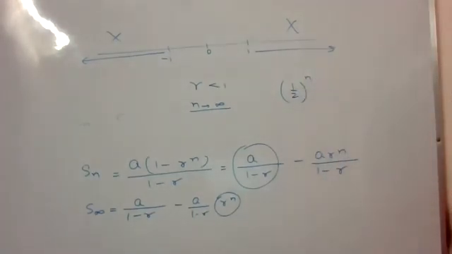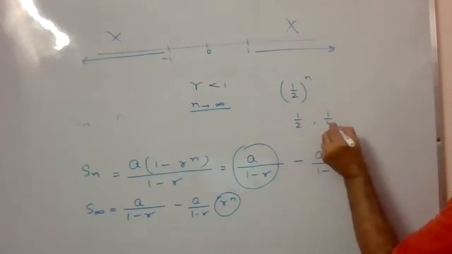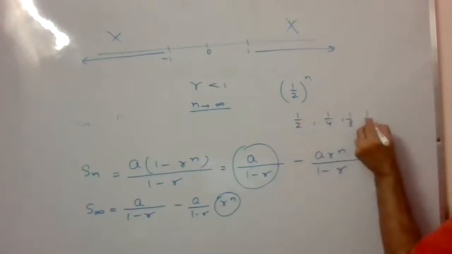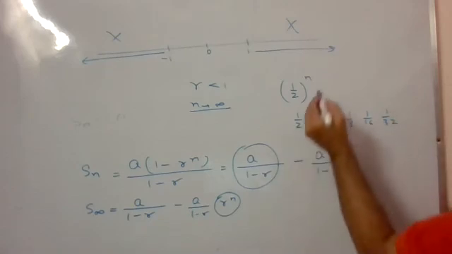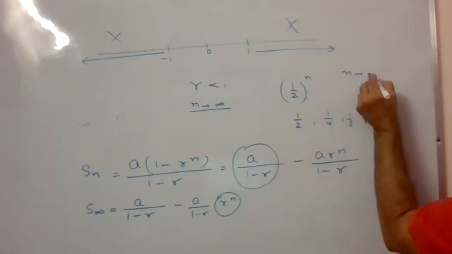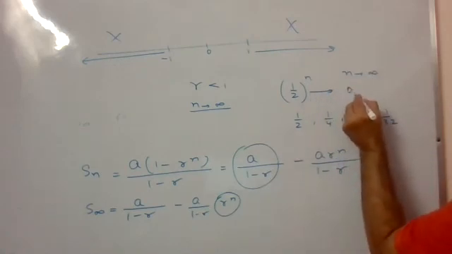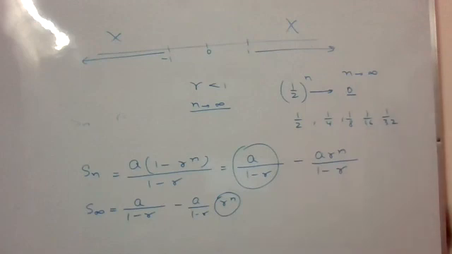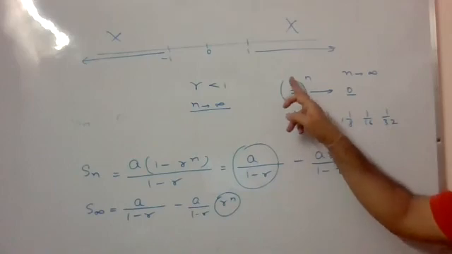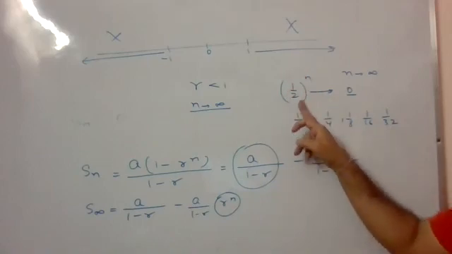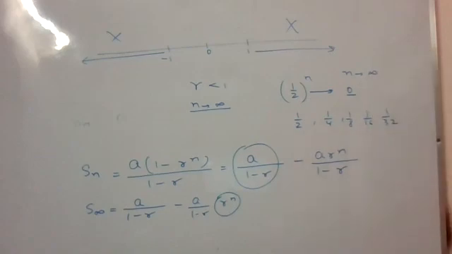As you increase n, अगर आपने 1 लिया तो हाफ आएगा, फिर 1/4 आएगा, फिर 1/8 आएगा, 1/16 आएगा, 1/32 आएगा. So as you will find that n is going towards infinity, this number will go towards 0. As you increase n, you will find this becoming smaller and smaller, and as n goes towards infinity, this part is clearly going to be 0.